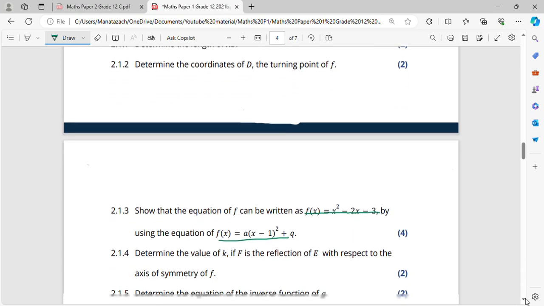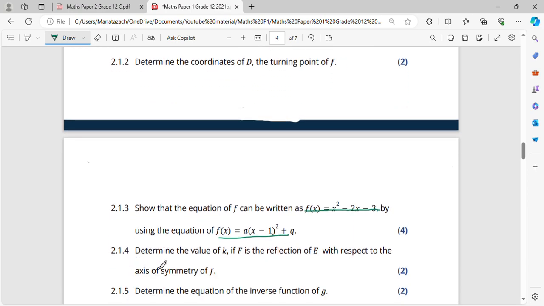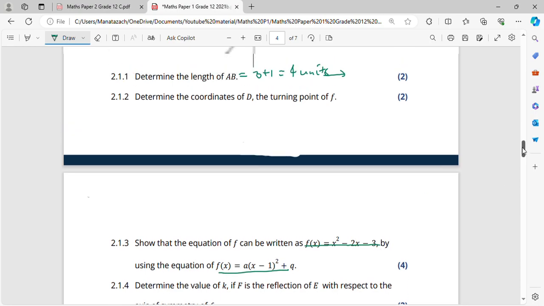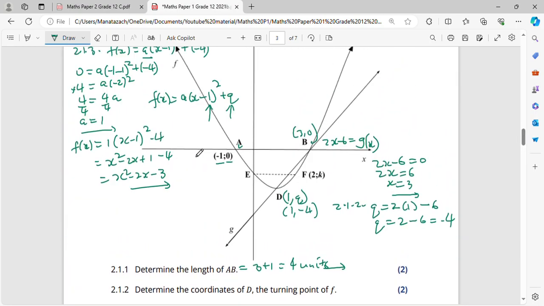Then 2.1.4, determine the value of k if f is the reflection of E with respect to the axis of symmetry for f. So they're basically giving us the information that E is the mirror image of f about the vertical axis.